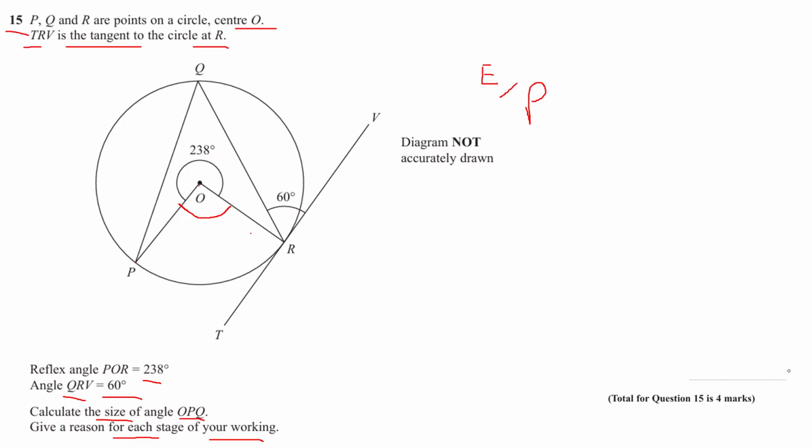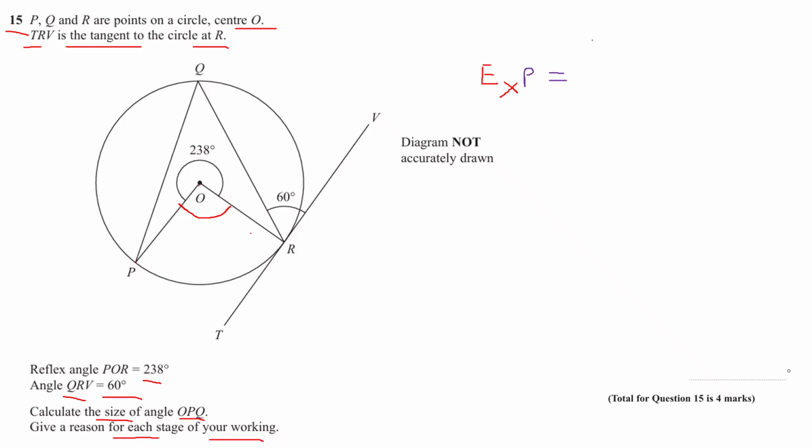So exterior of POR, if you're wondering. EX, meaning external angle of this shape, or polygon, you could say.